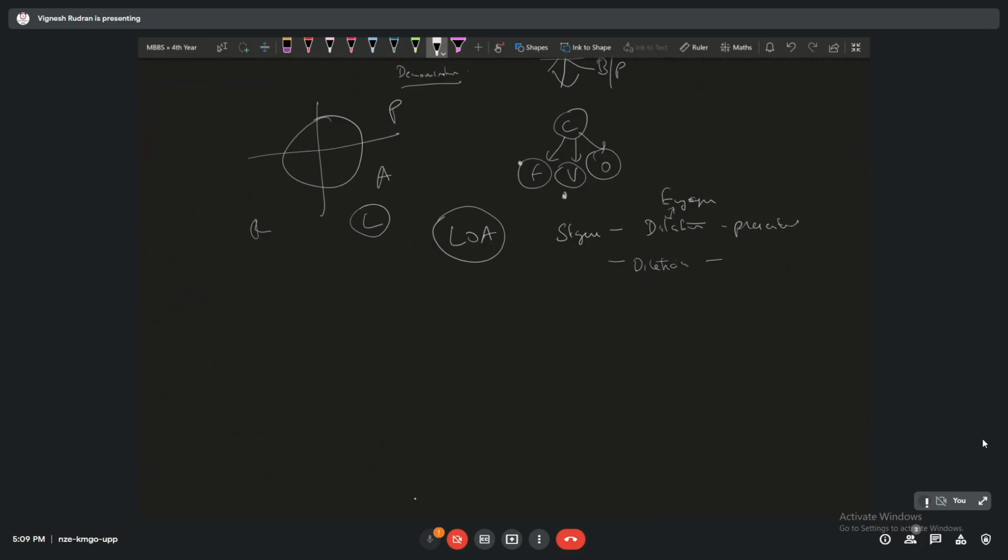Then from full dilatation to delivery of the baby. Then from delivery of the baby to delivery of the placenta, and finally 2 hours after placenta delivery. Alright, these are your stages of labor.